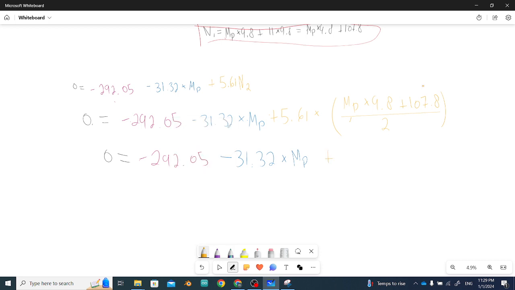So 5.61, we're going to divide that by 2 so we can remove that fraction, so that would be 2.805, and then we have to multiply that, so that would be 2.805 times mass of the painter times 9.8 plus 107.8.